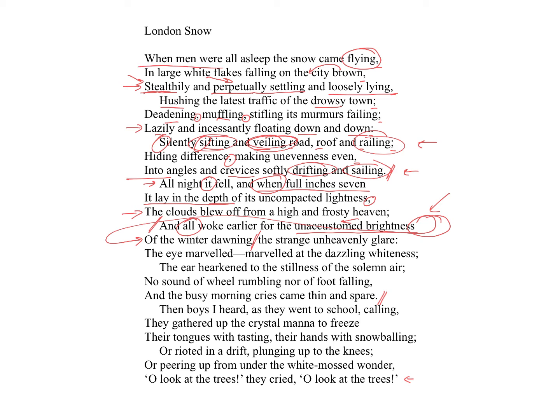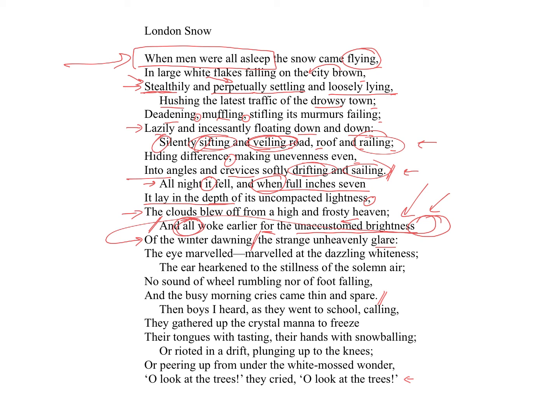Well, we know from the top that this has been happening when men were all asleep. So it would make sense if we remember that the all who are waking up are all of the people. So they wake up to this unusual whiteness, right? For thee is an old-fashioned way of saying because of the, okay? The strange, unheavenly glare.